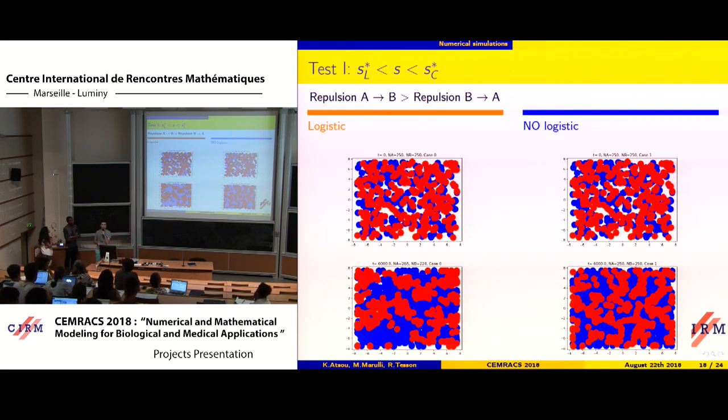And the analysis says you cannot have aggregation with logistic growth, but in fact we observe some aggregation in this case.